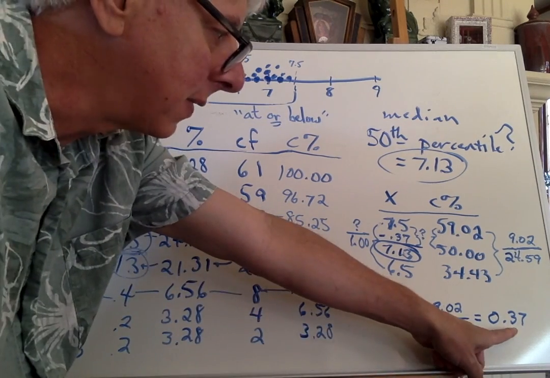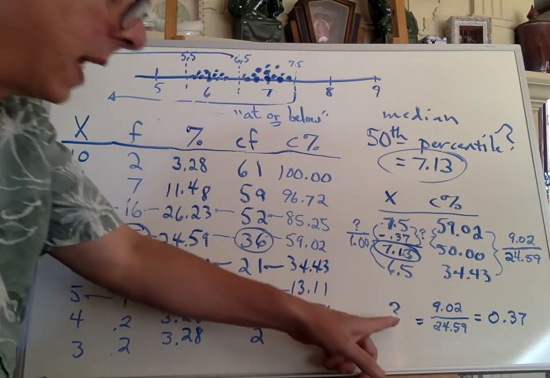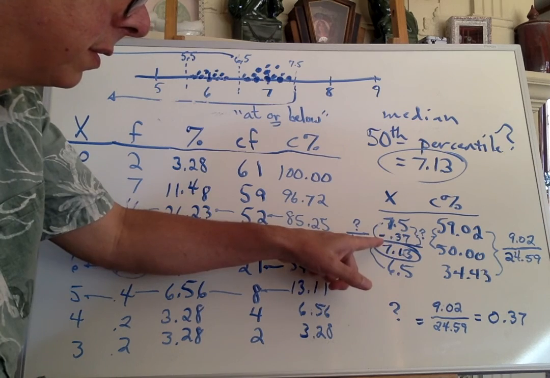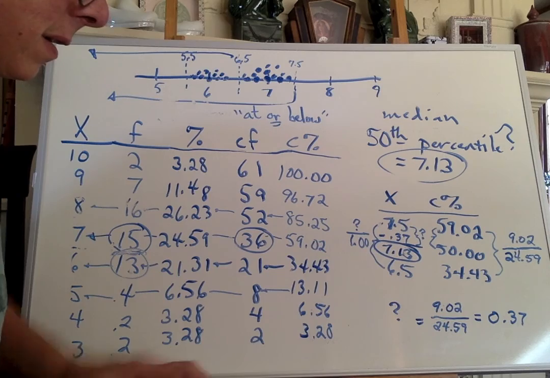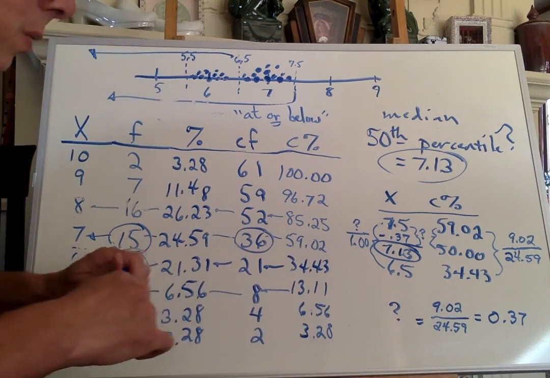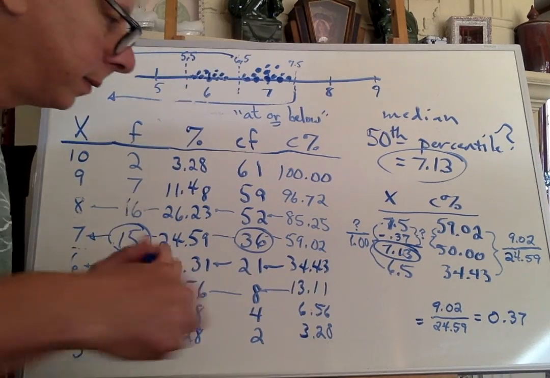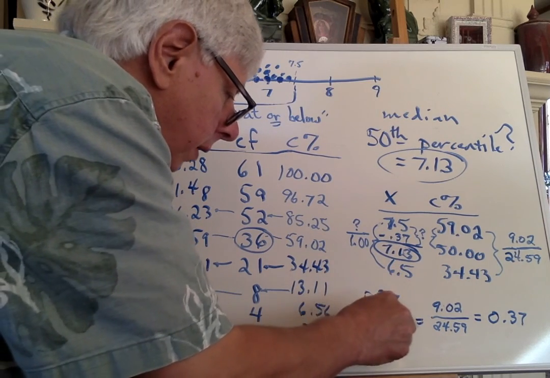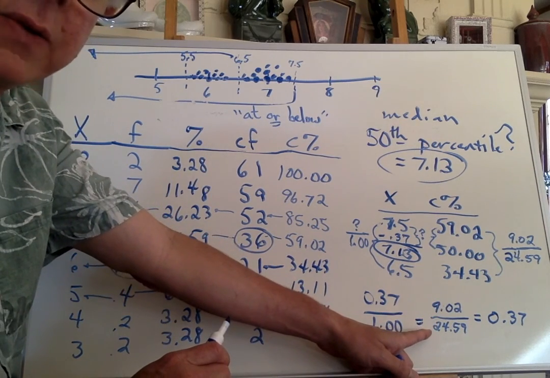If you're telling me this is the median, it's not even on the distribution. Okay? That's why I use the question mark. That tells you how far down you have to go to get to the median. Okay, it's 0.37. What we're saying here is 0.37 out of 1 is the same as 9.02 out of 29.59.